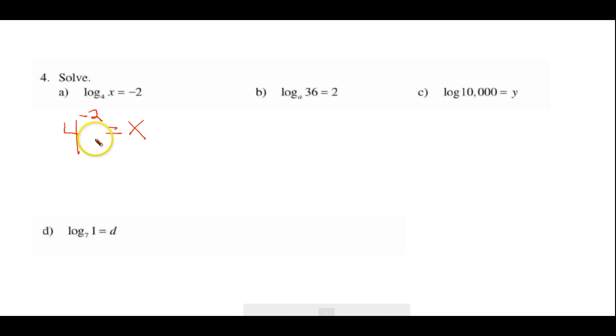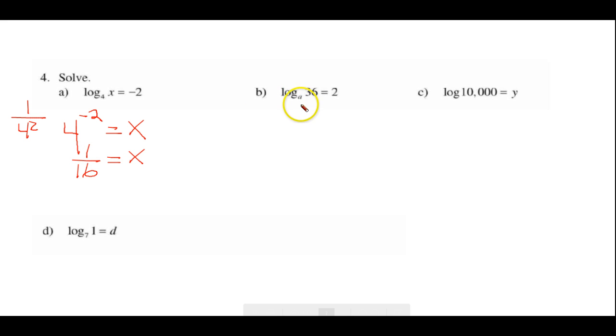So what is 4 to the -2 power? Well, we did that one earlier too. We just bring it 1 over 4 to the second, which is 1 over 16. So x is 1 over 16.